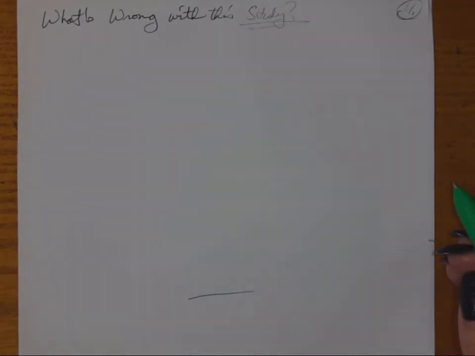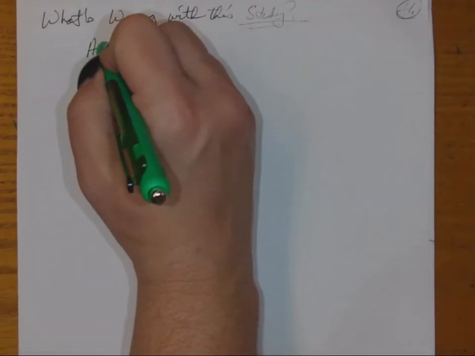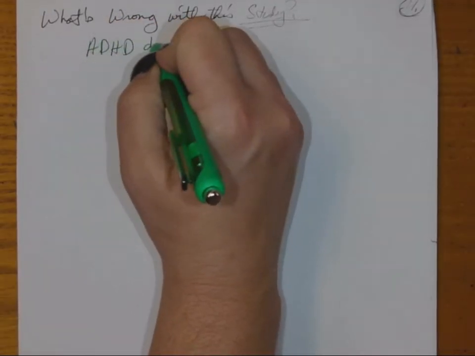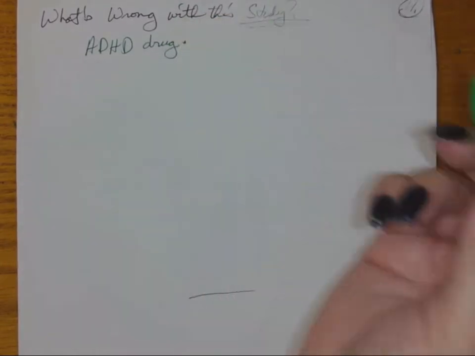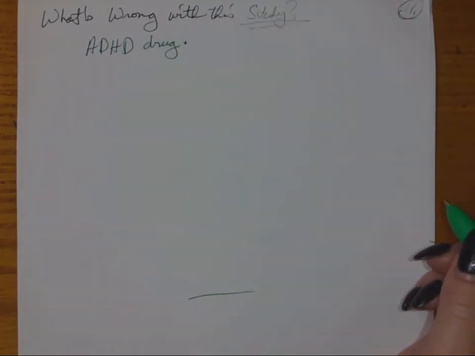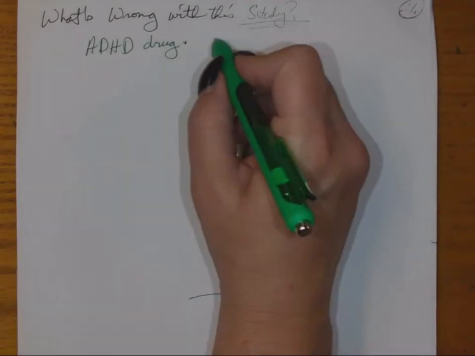Number 1, a new drug for attention deficit hyperactivity disorder, ADHD, is supposed to make affected children more polite. Okay, so it's an ADHD drug. Randomly selected children suffering from ADHD are divided into treatment and control groups.